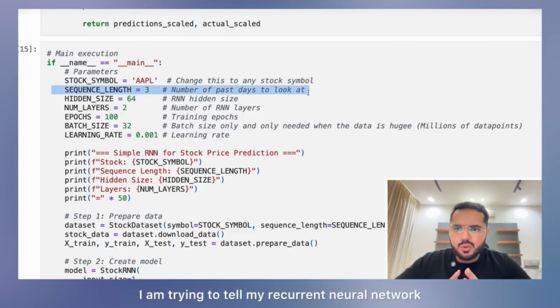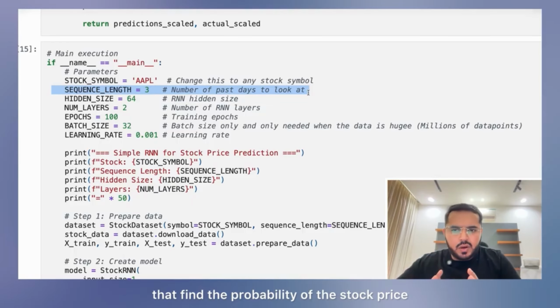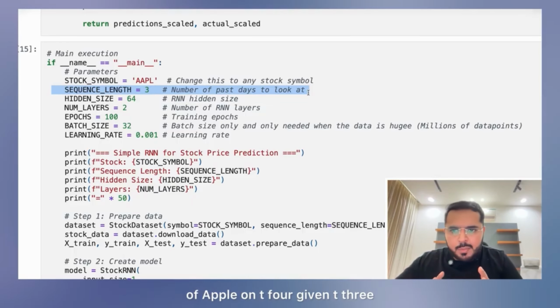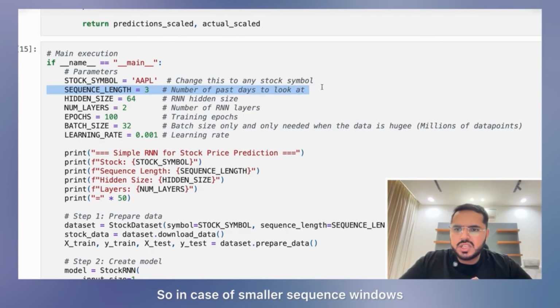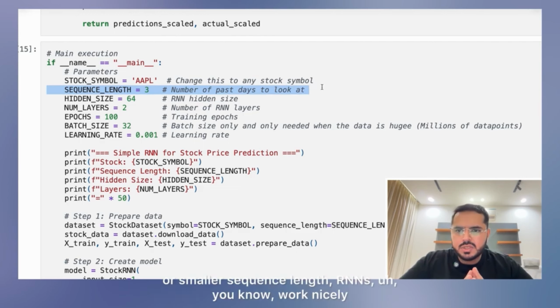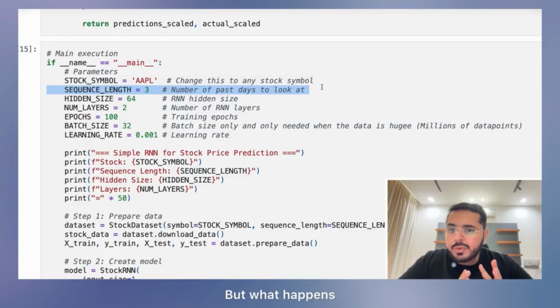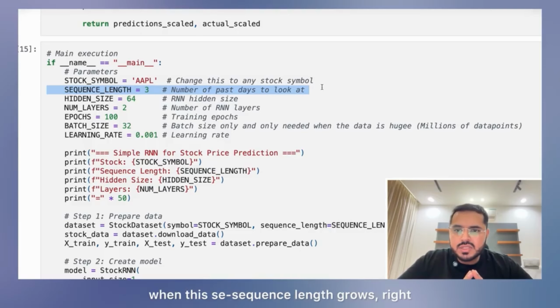I am telling my recurrent neural network to find the probability of the stock price of Apple at T4 given T3, T2, T1, right? So in the case of smaller sequence windows or smaller sequence length, RNNs work nicely. But what happens when the sequence length grows?